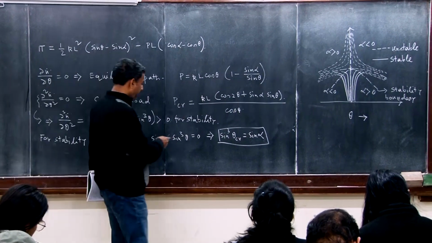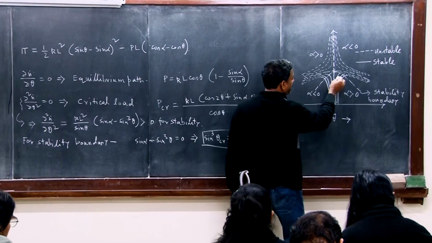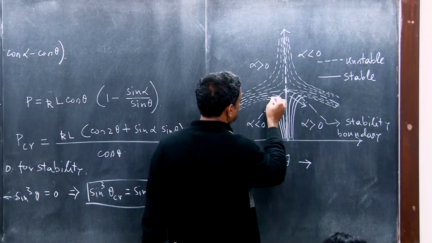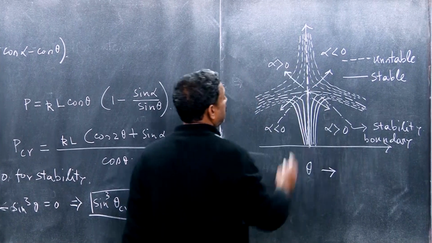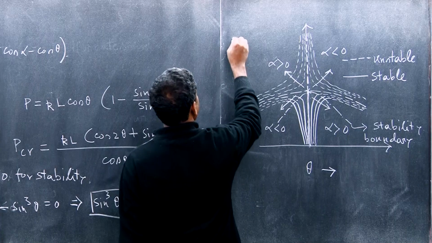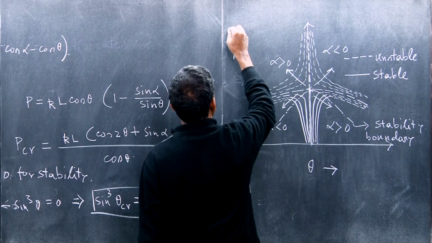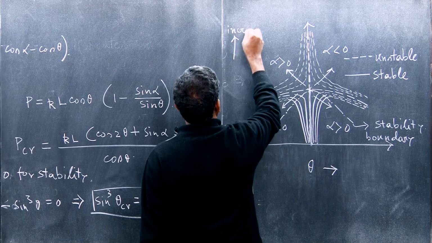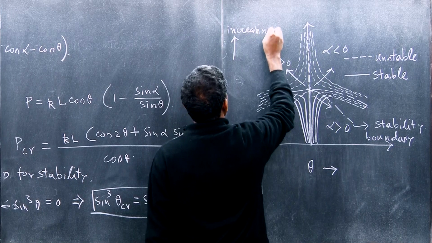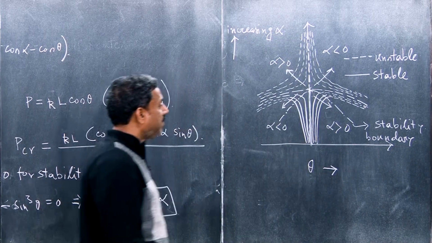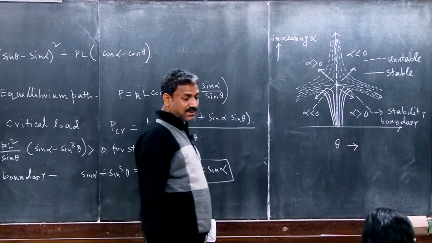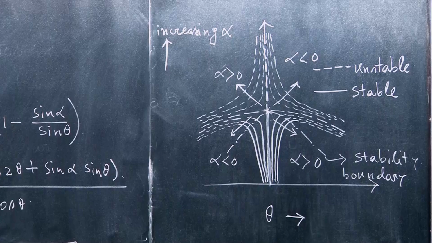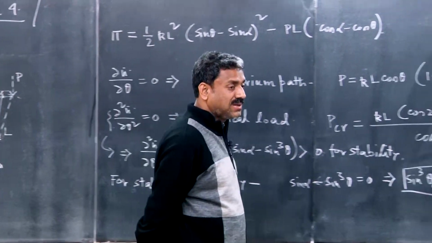These are for increasing alpha, this is for increasing alpha, these are for increasing alpha, increasing imperfection. You see this little flowery structure, another thing. So, please draw this figure first. Now, you understand this diagram.